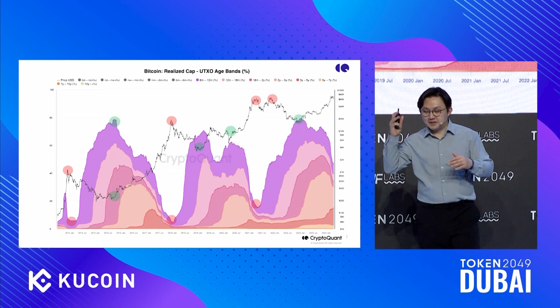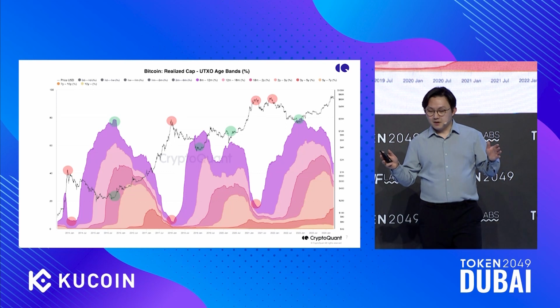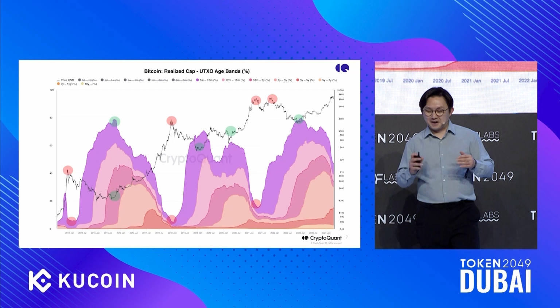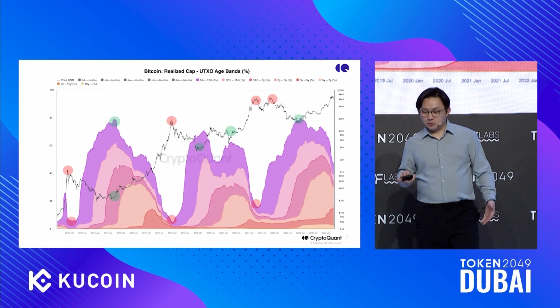For now it's 50% of the entire realized market cap held by long-term holders. So it's early to say we're at the cyclical top, I think.